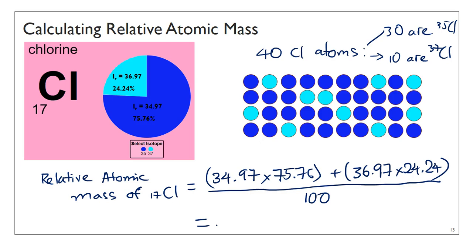All good. And then we have 36.97 times 24.24. I'm just using a calculator. This is not methods. You can use a calculator. And so the answer is 35.45. So this is going to be the relative atomic mass of chlorine, correct to 2 decimal places or 4 significant figures.